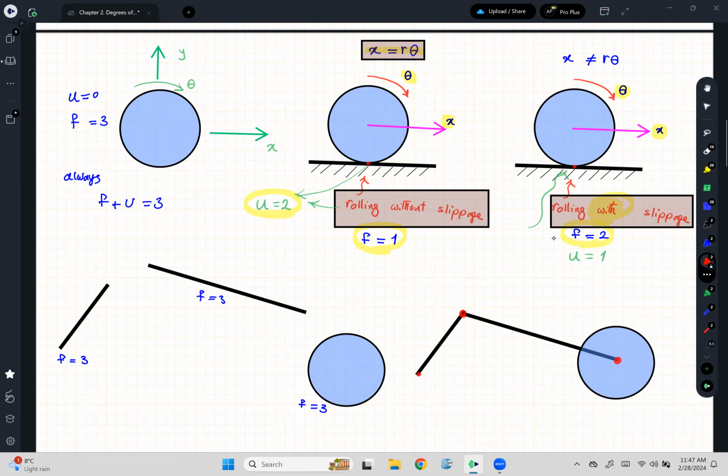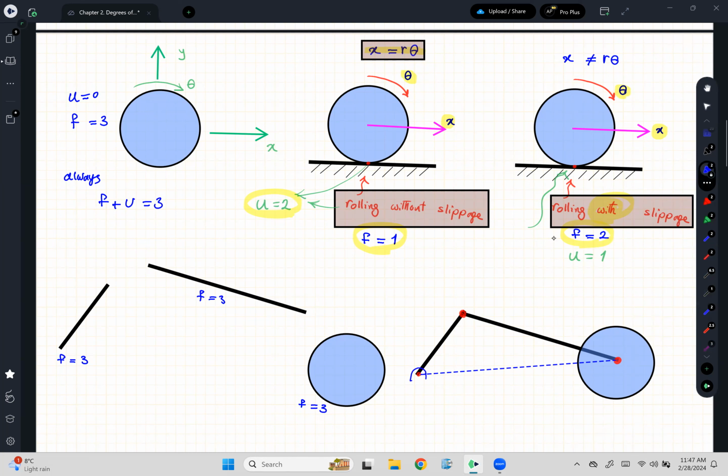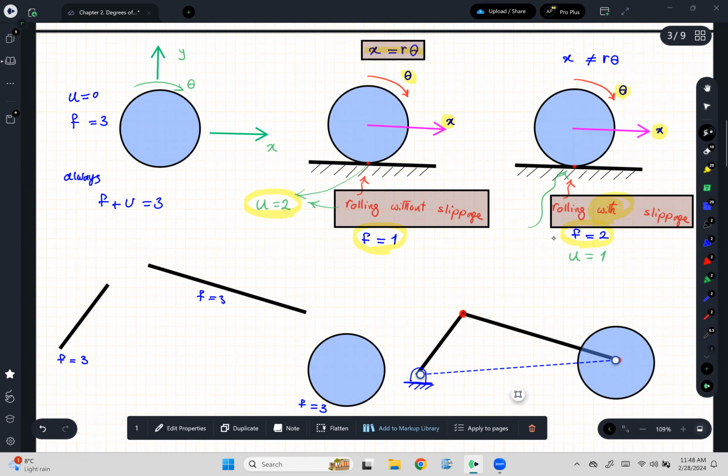So from what you learned in lecture 1, this is a linkage. A linkage also means it has one fixed member. That fixed member we can pretend is just this member there, which is the ground. So we'll fix that ground. So this is the ground there. And we don't typically show this ground there.